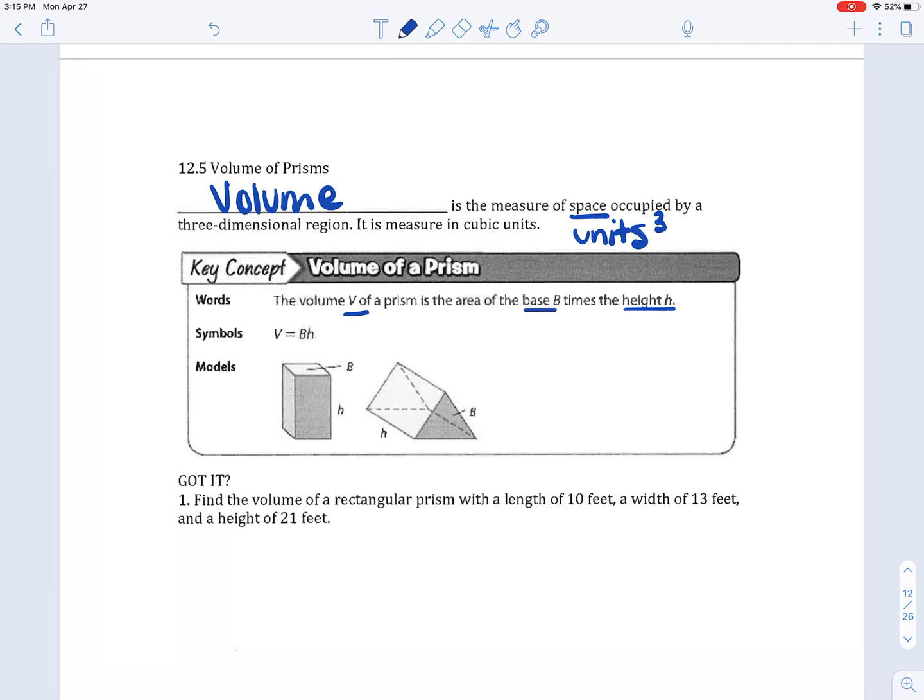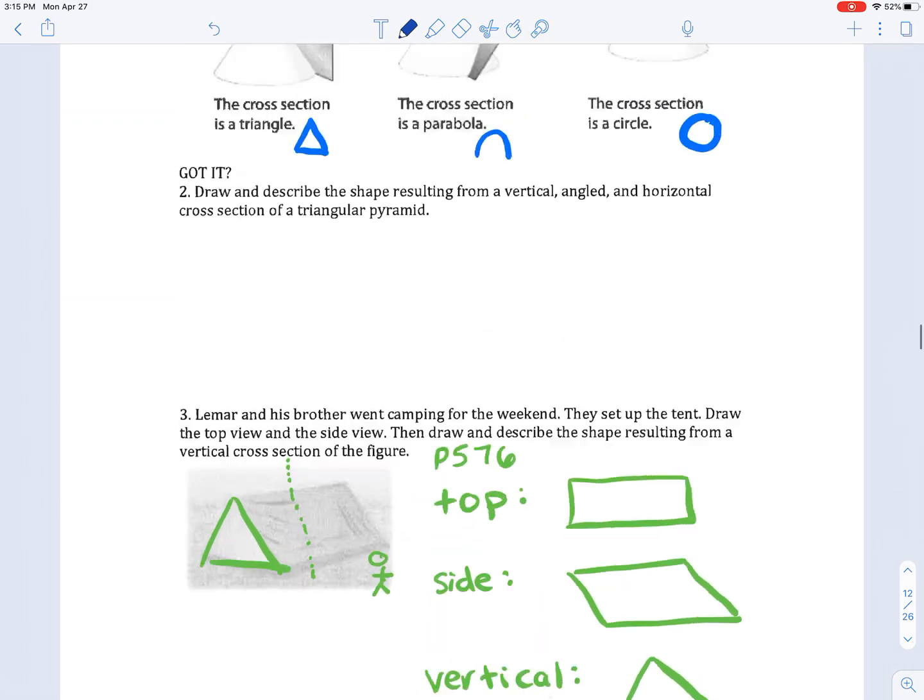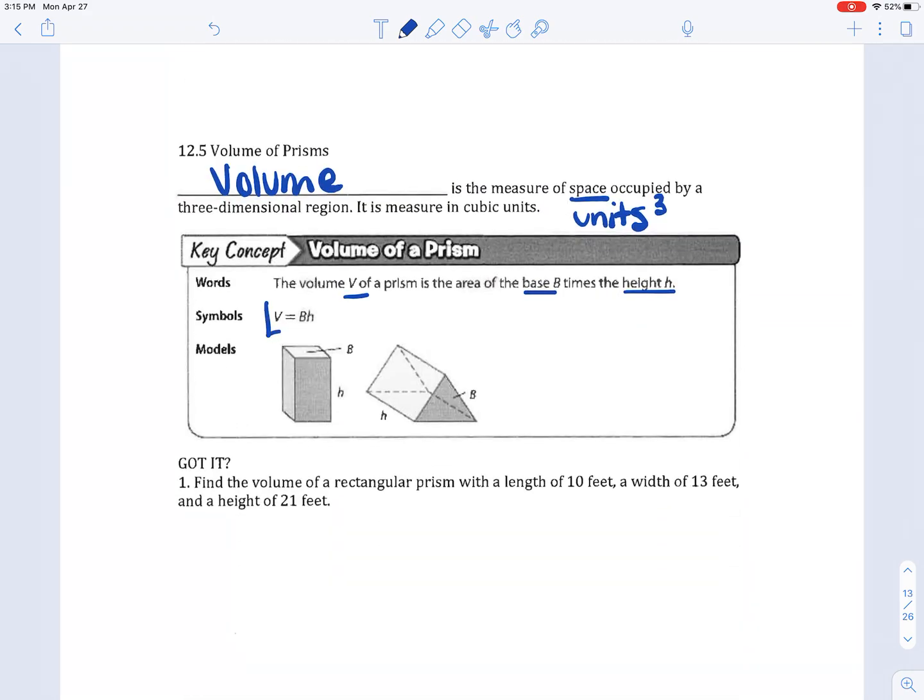Like I said, you will not be required to memorize these formulas, but you do have to know what each of the letters stands for. A capital B represents the area of the base, and H represents the height. So if I were to write this out as a formula, I have volume, or V, equals capital B times H, area of the base times the height.